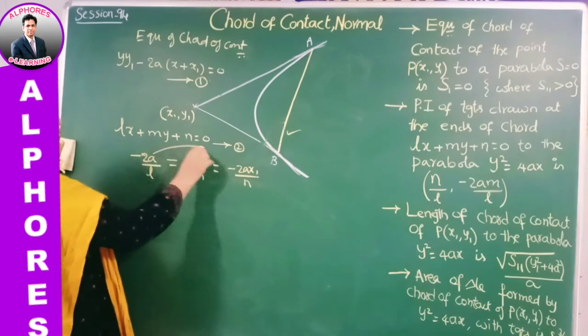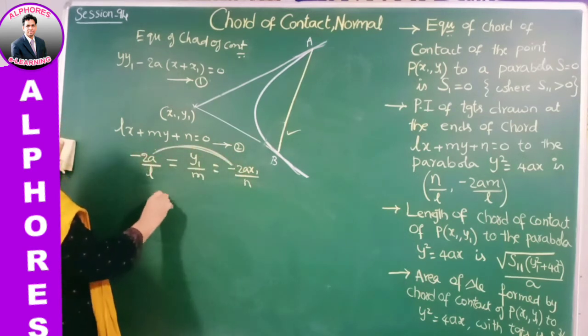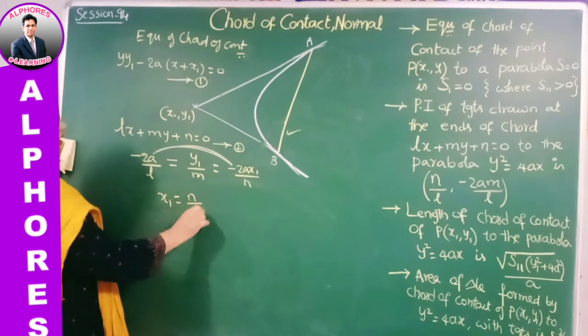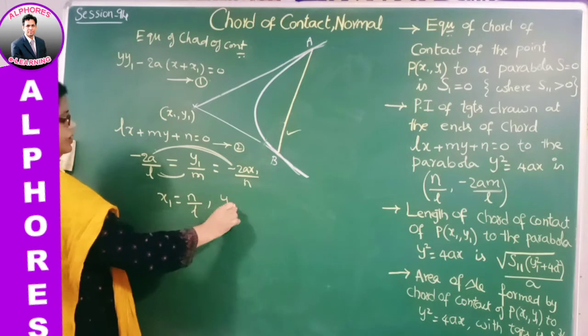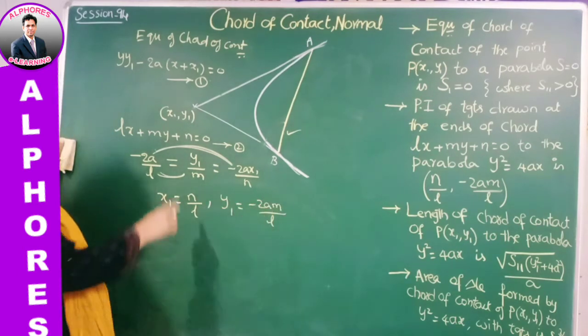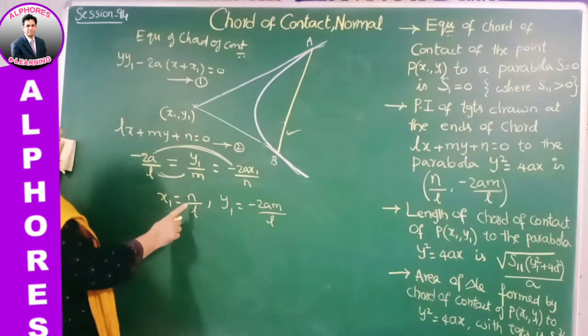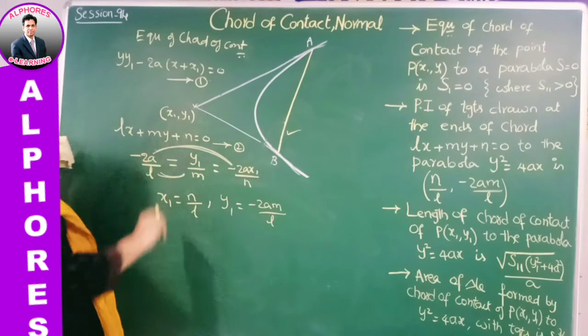And now if I equate these values, 2a gets cancelled, thereby x1 is n by L. And what about y1? y1 is minus 2am divided by L. Therefore this point is n by L comma minus 2am by L, the point of intersection of tangents.